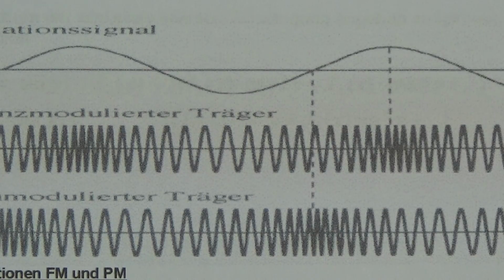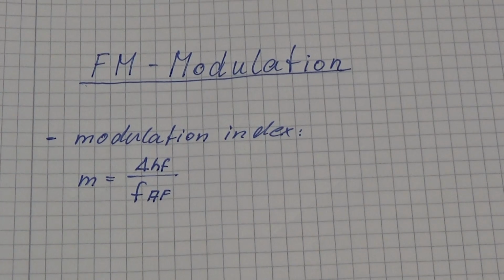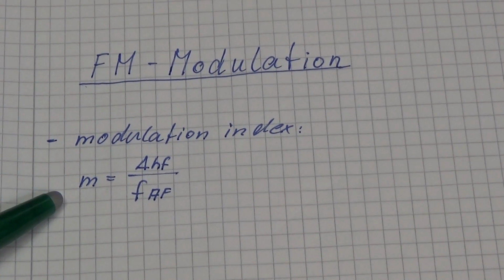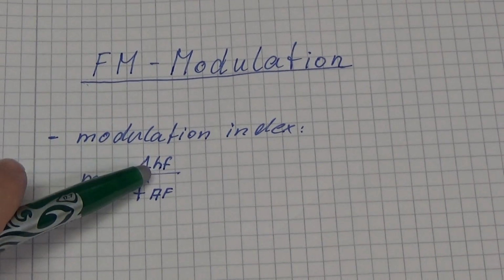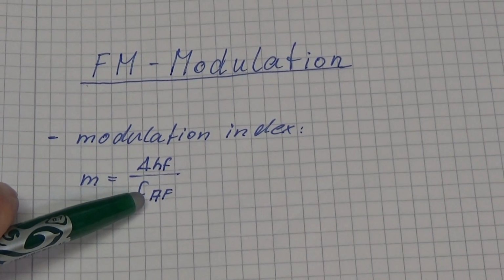And of course, you may already understand that we really need to know our deviation because it has to be set to the radio, so we have aligned it so that it never will go out of channel, okay? With FM modulation we have one very important parameter, and that is the modulation index M, and that is simply delta HF, which is finally our deviation, and our audio frequency.